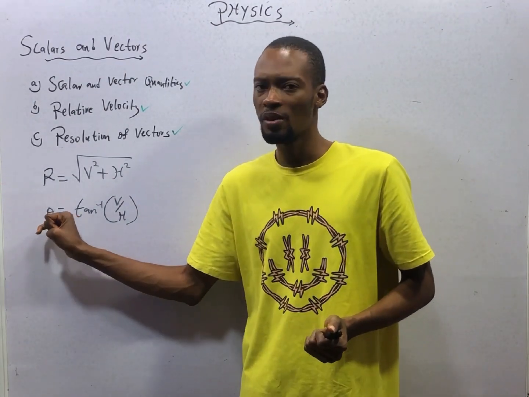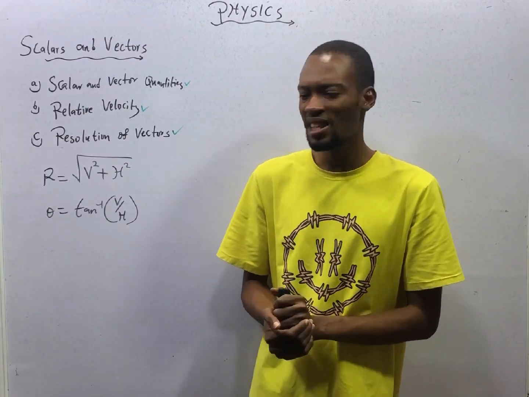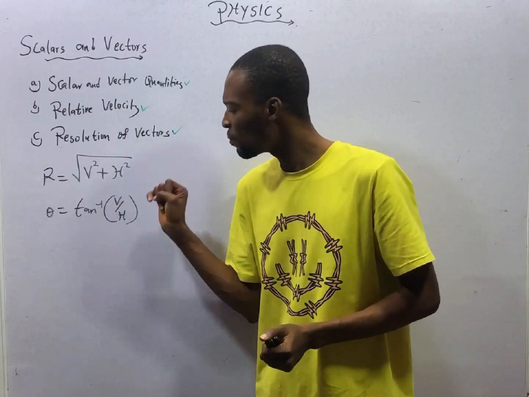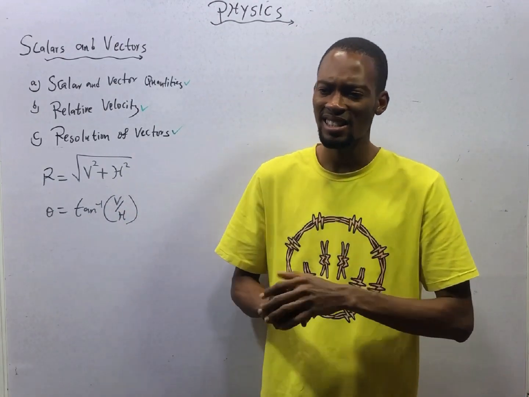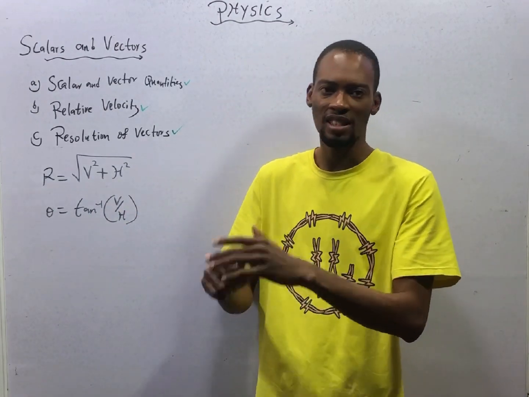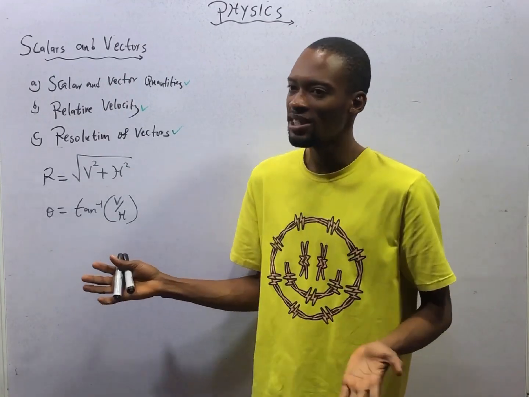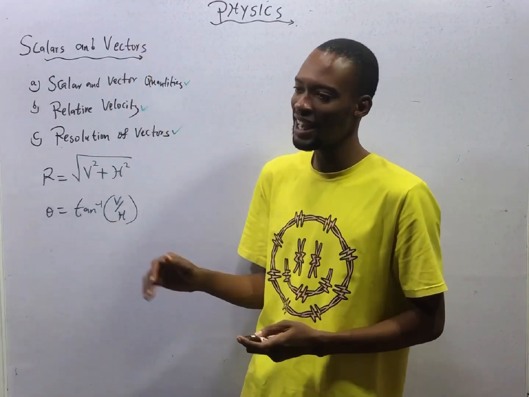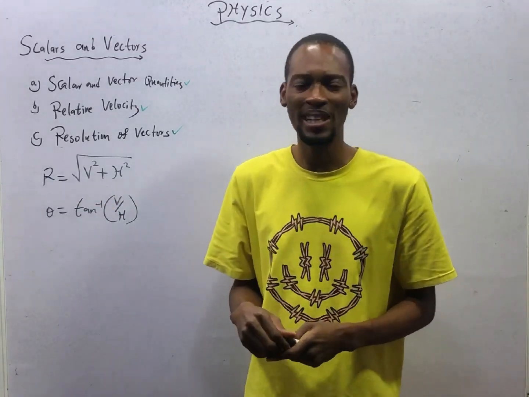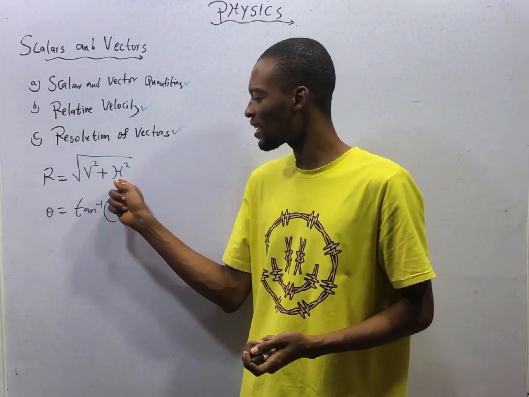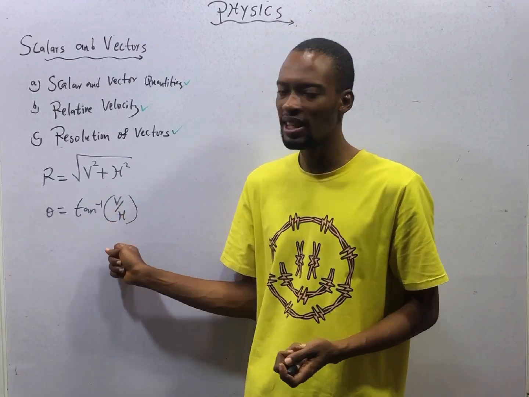The direction of the vector is tan inverse of the vertical component over the horizontal component. Tan theta is opposite over adjacent. Opposite is basically vertical, adjacent is basically horizontal. You can use that to remember whether it is vertical that is at the top or horizontal that is at the bottom.